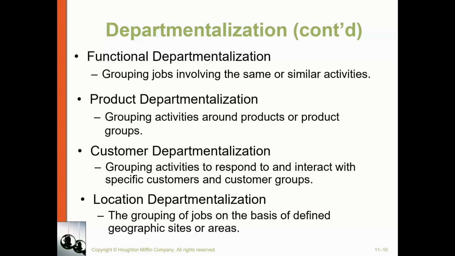So defense differs from commercial aircraft because it would be things used by the military in defending the country. And then space would be products like satellites. So these are departments that could be set up by someone in the aerospace industry to departmentalize around their products.